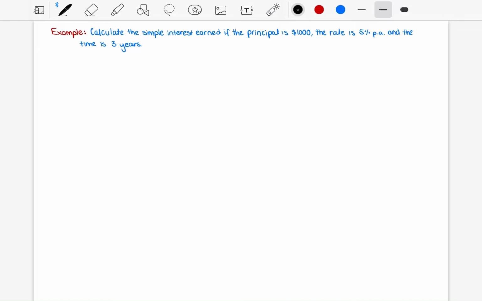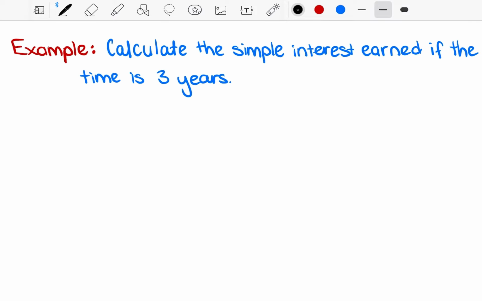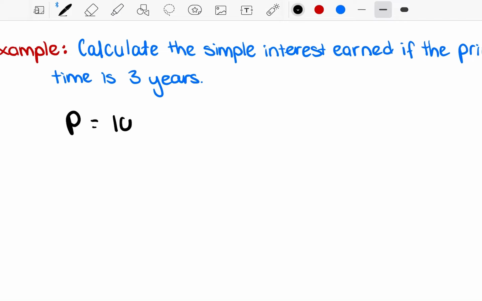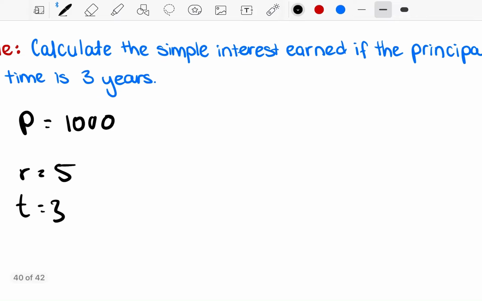Our first example says calculate the simple interest earned if the principal is 1,000, the rate is 5% per annum, and the time is 3 years. So that tells me the P is 1,000, the R is 5, and my T is 3.